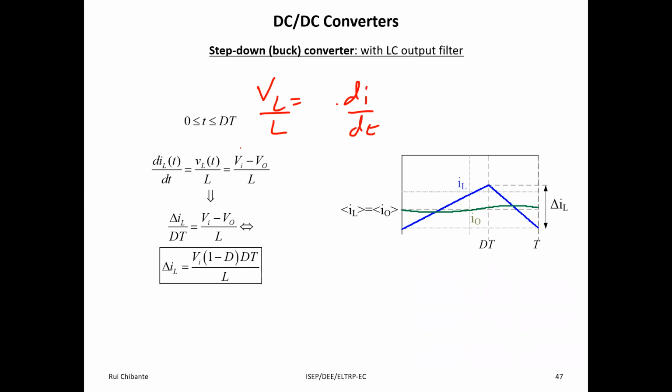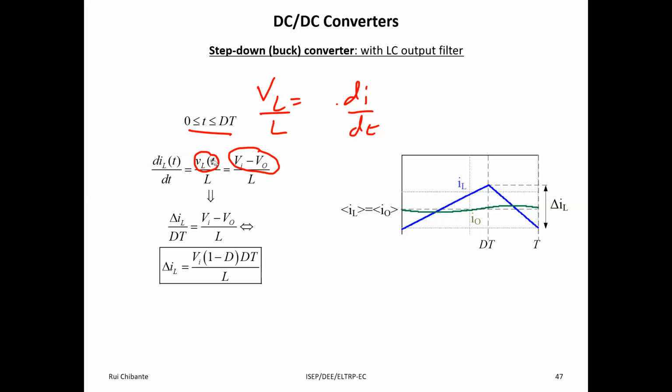What we have here is this. And in the first stage of operation, the inductor voltage is equal to VI minus VO.